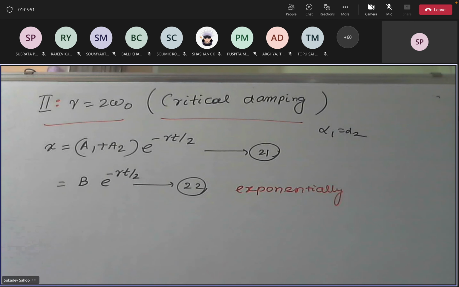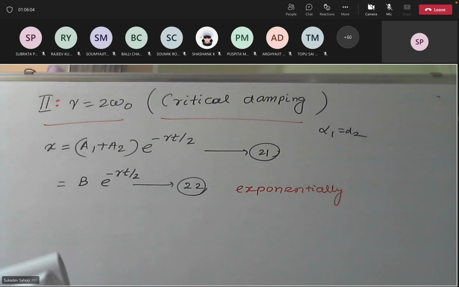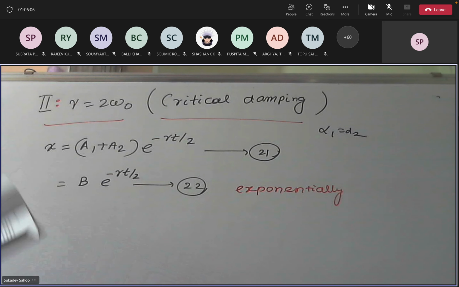So in the first case, when damping was very large, we got non-oscillatory aperiodic motion. Here also it is an aperiodic and non-oscillatory motion.